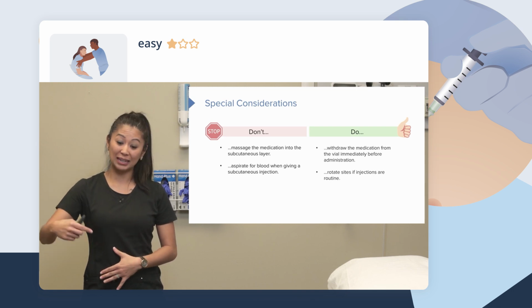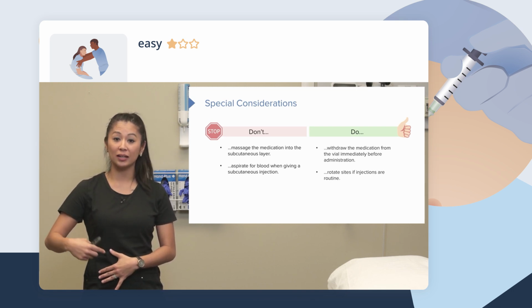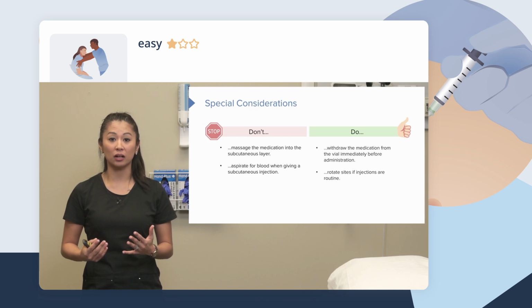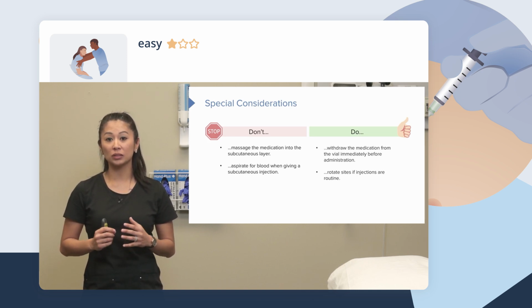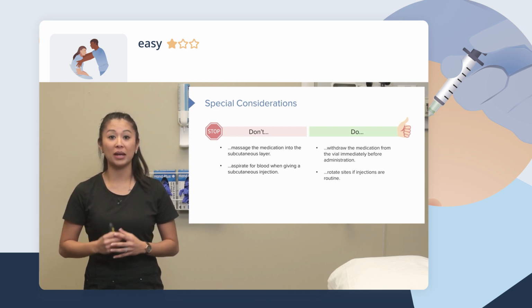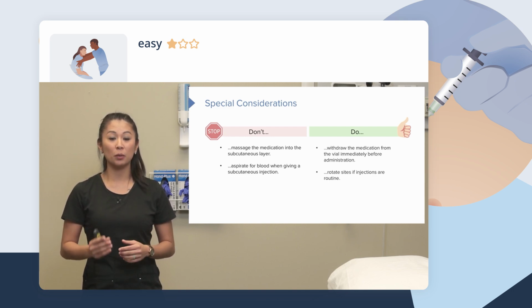Reason being, if we keep poking the same spot and delivering medication there, malabsorption in that area will occur. The patient will not get the full absorption of all their meds. Therefore, we want to teach them, make sure you rotate sites.